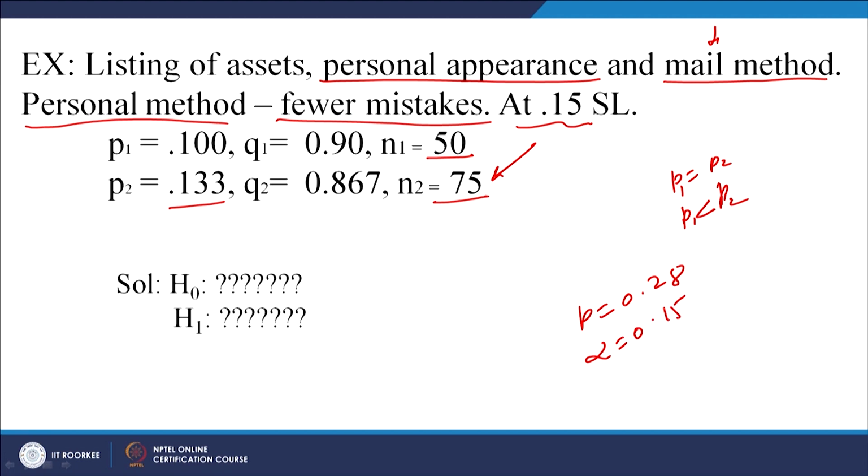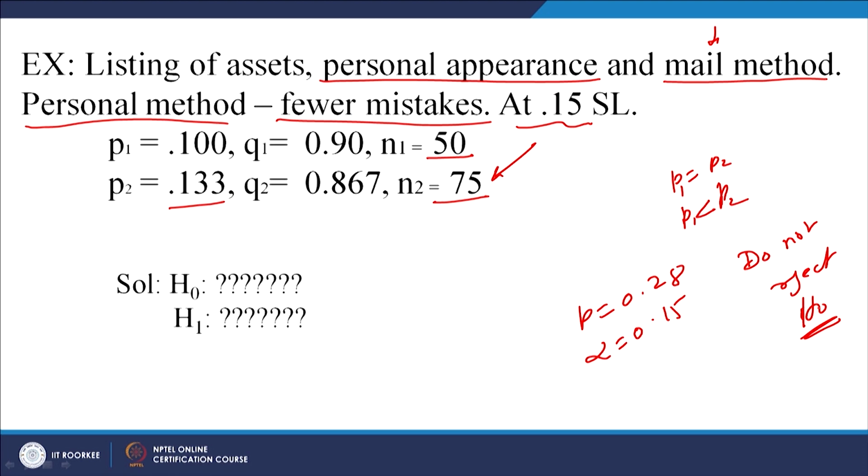Is p less than alpha? No. So, we do not reject the null hypothesis. It means both these methods are equally good.